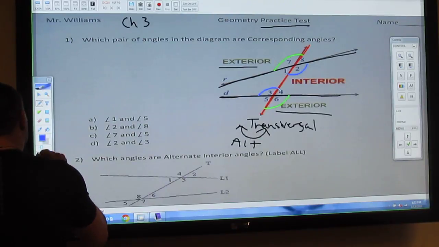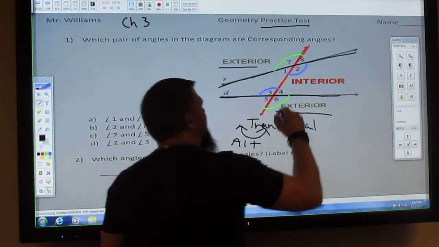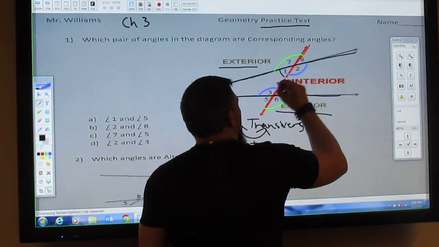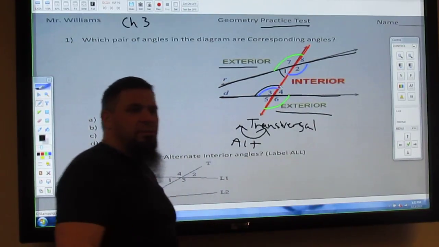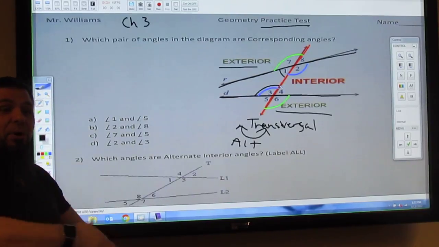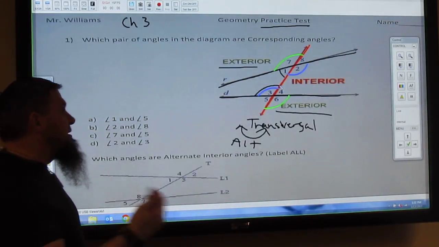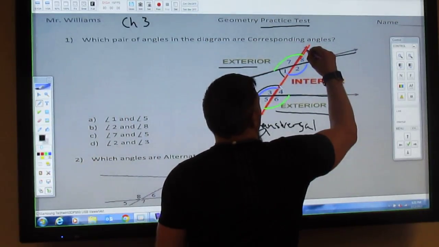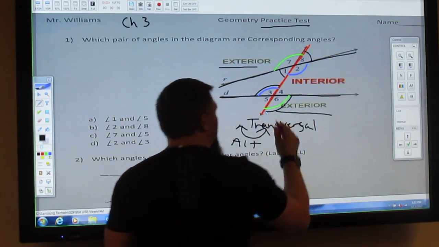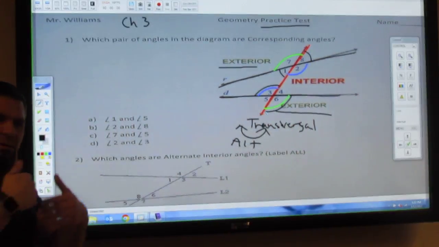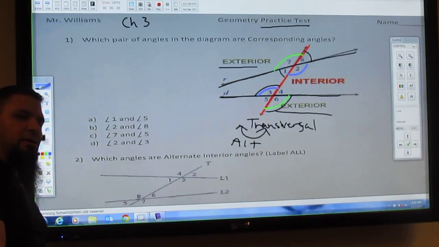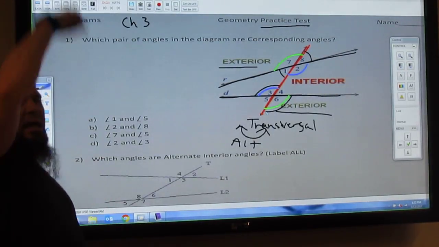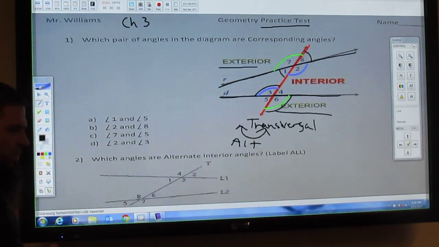So same side interior would be this and this. They're the same side and they're both interior. Same side exterior. This and this. Does that make sense? They're on the same side, but they're exterior.